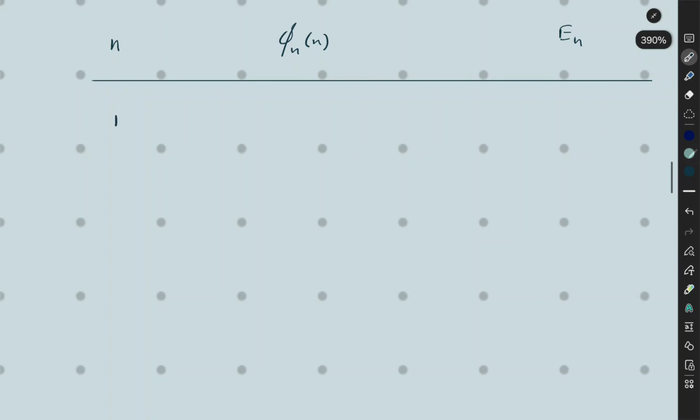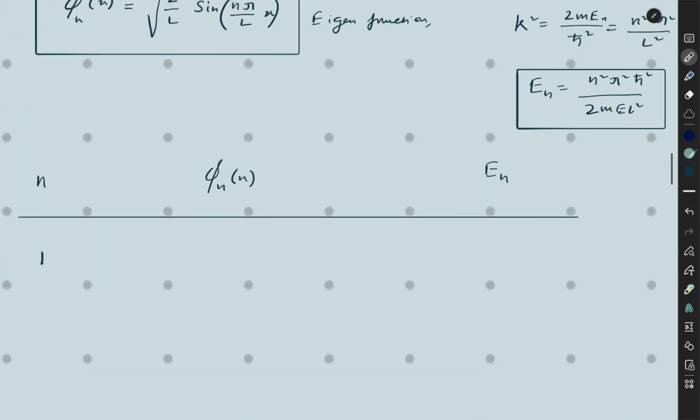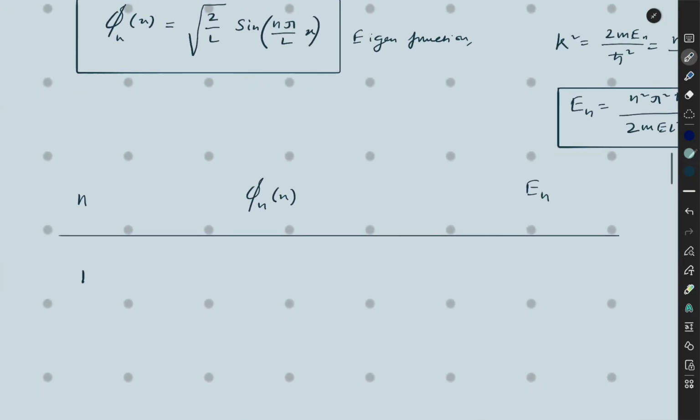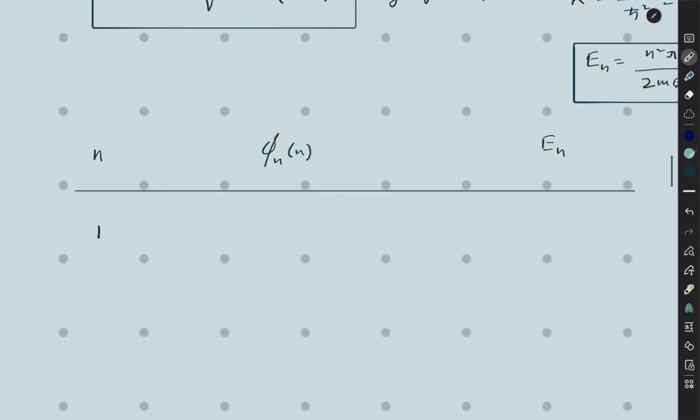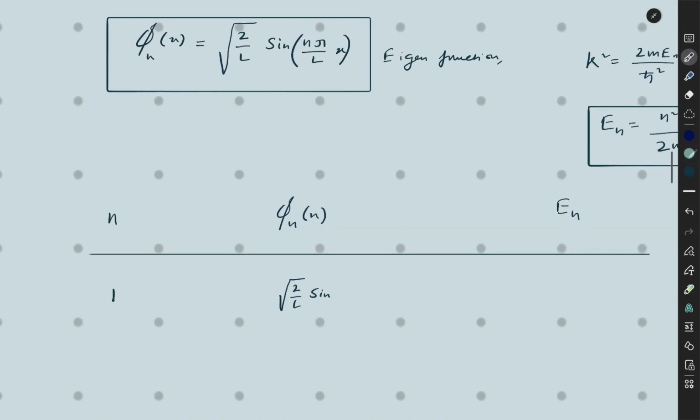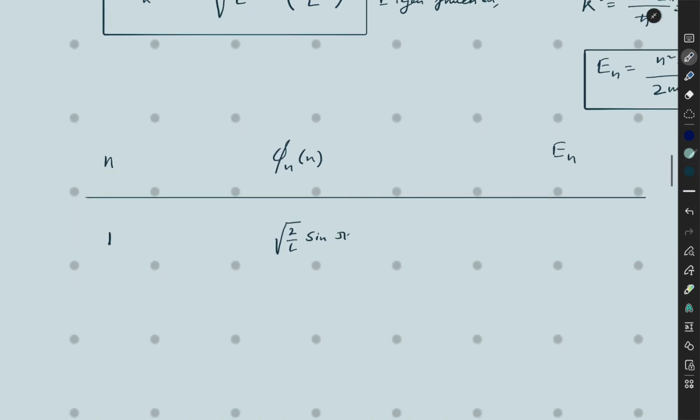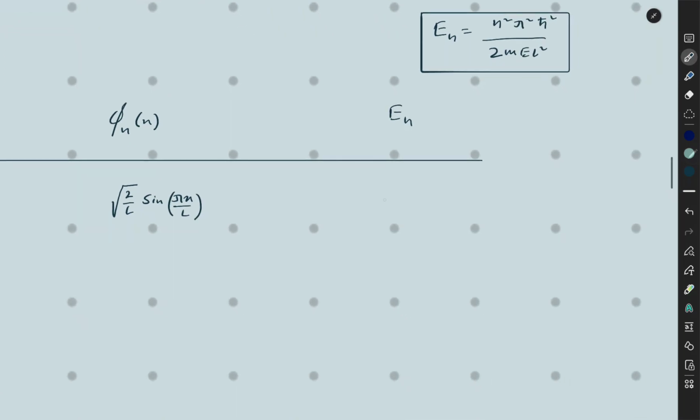For n equal to 1, we will be getting phi of n as square root of 2 by L sine of pi x by L, and the corresponding eigenvalue, that is the minimum energy, will be pi square h cut square by 2m L square.